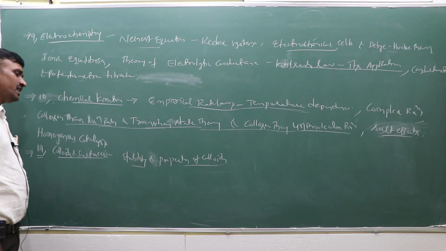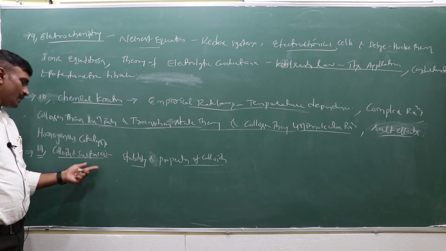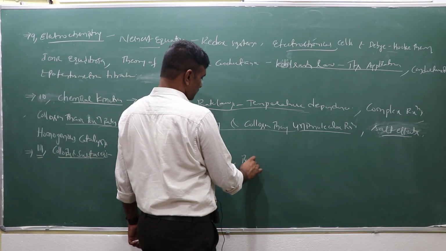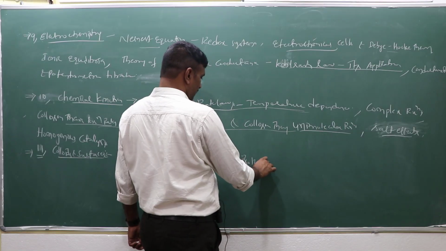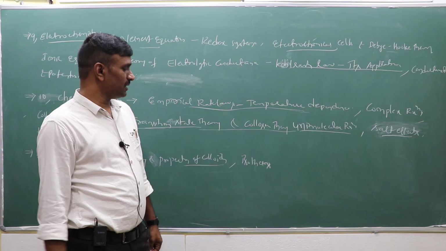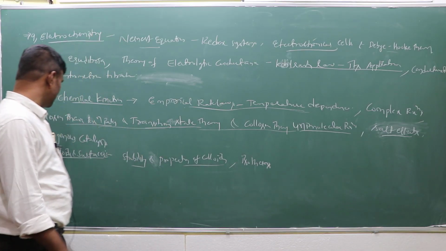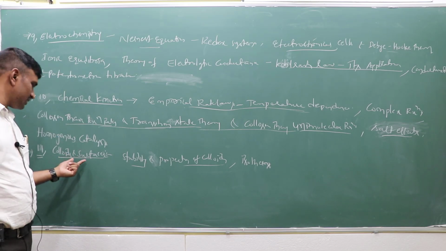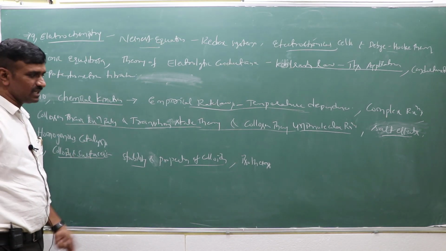So the stability and properties of colloids are mentioned, and based on surfaces, surface chemistry, isotherms are mentioned: isotherm equations, the BET isotherm equation and the Langmuir isotherm. So the Langmuir and Freundlich isotherms, right, BET isotherms will be given, and based on that questions will be there.